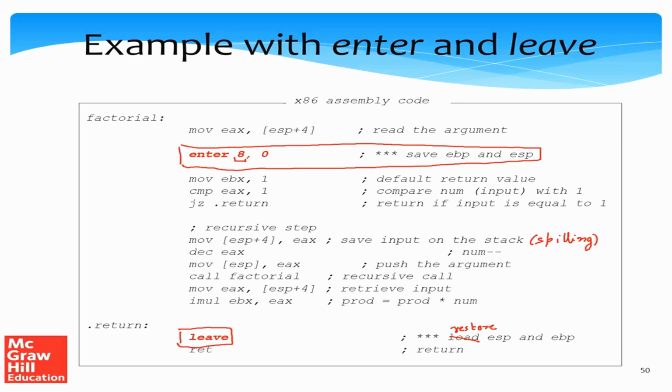And keeping track of the number of pushes and pops in a complex function is hard. That's the reason that you save the starting state at the beginning with the enter instruction. Then you do whatever you want to do with the stack. And just before leaving, call the leave instruction, which will restore the value of the stack pointer and the base pointer. And then you return.